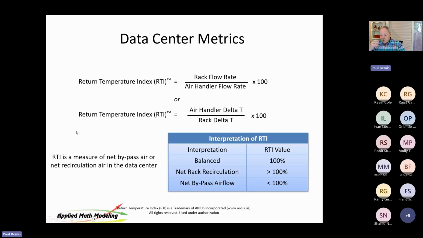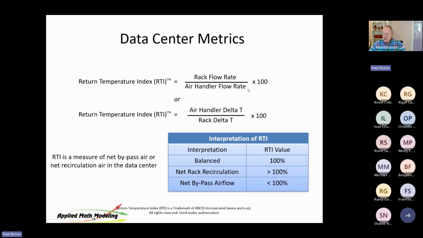Okay, so there's a couple of metrics that we're going to be talking about. These are also taught in the DCEP training as well. One of them is return temperature index, RTI. These were developed early on and are part of the DCEP training. My old friend Magnus Herlin worked on these as well as others, but they came out of some work with Lawrence Berkeley Labs and DOE.